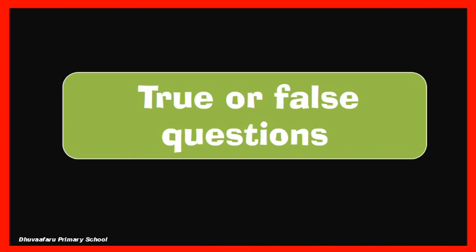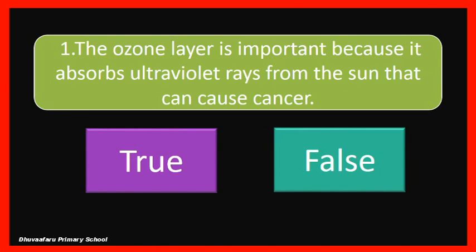Now let's do the true or false questions. Question number 1. The ozone layer is important because it absorbs ultraviolet rays from the sun that can cause cancer. Students, what do you think?